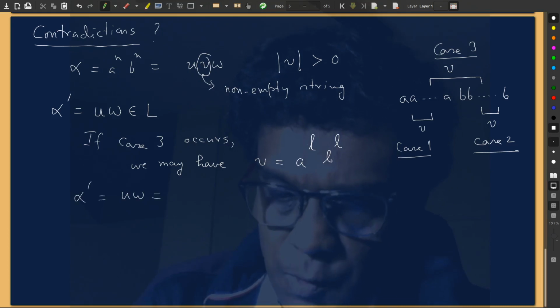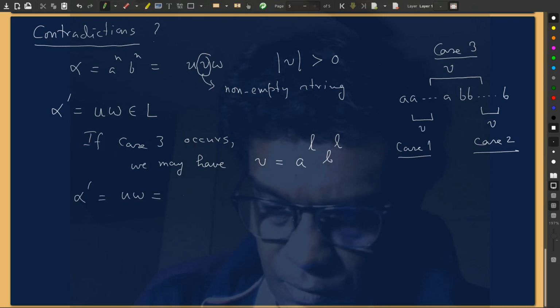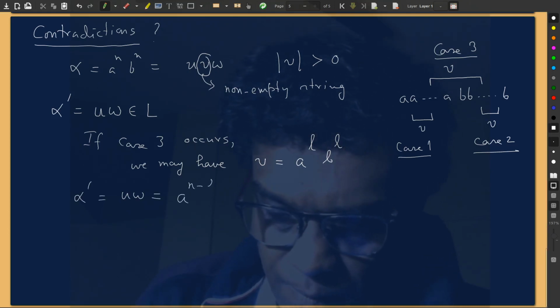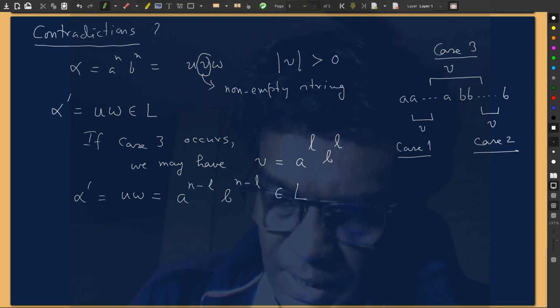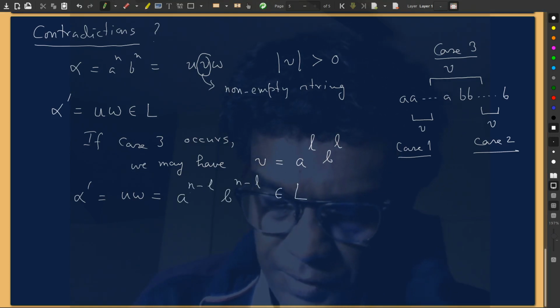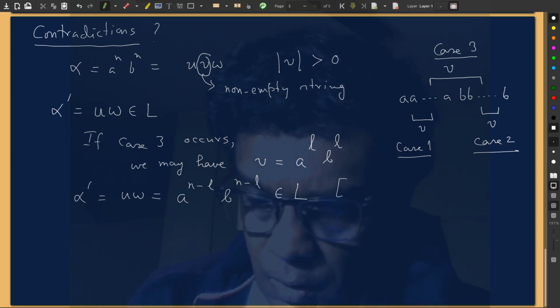You are just removing L A's and L B's. So it will be A power N minus L, B power N minus L. We know that this is already in L, because count of A's and count of B's are the same. So no contradiction.